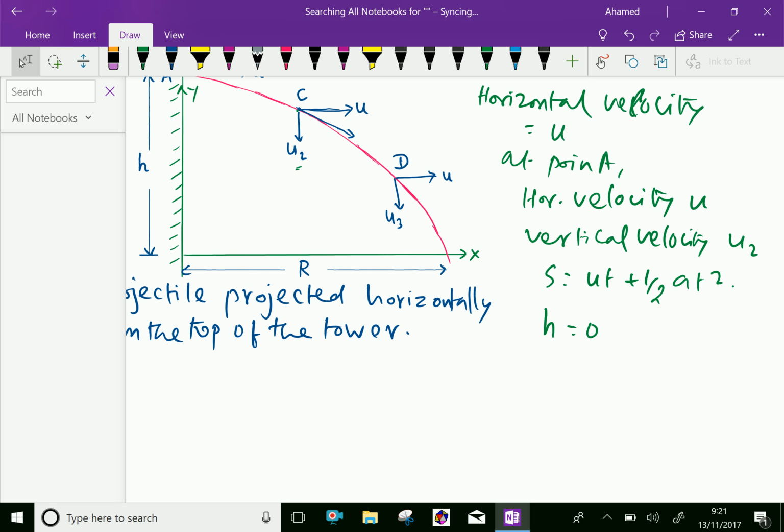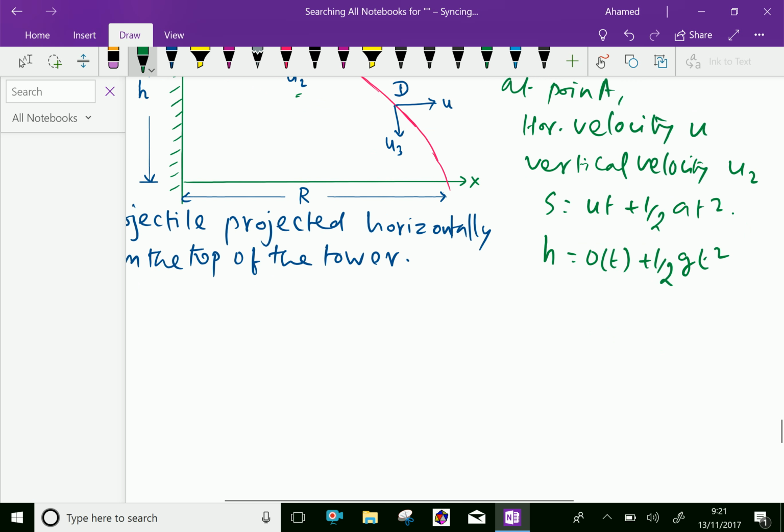So 0 into t plus half a, where acceleration is due to gravity g, and t square. Therefore h equals 0 into t, which is 0, so h equals half g t square.